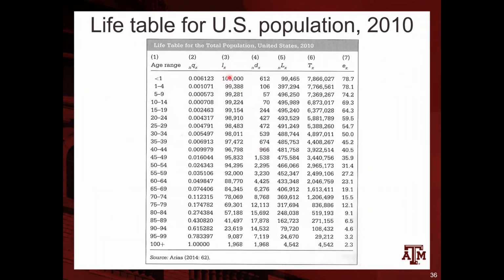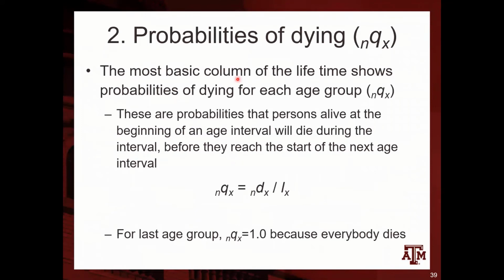Because this LX is the number of people at the beginning of the age group. So we have to expose these people at the beginning of the age group to this mortality within the age group. So we need the probability, not the rate. We need the probability because we're going to multiply this by the population at the beginning of the age group, not the population in the middle. Okay? That's the main reason for that.